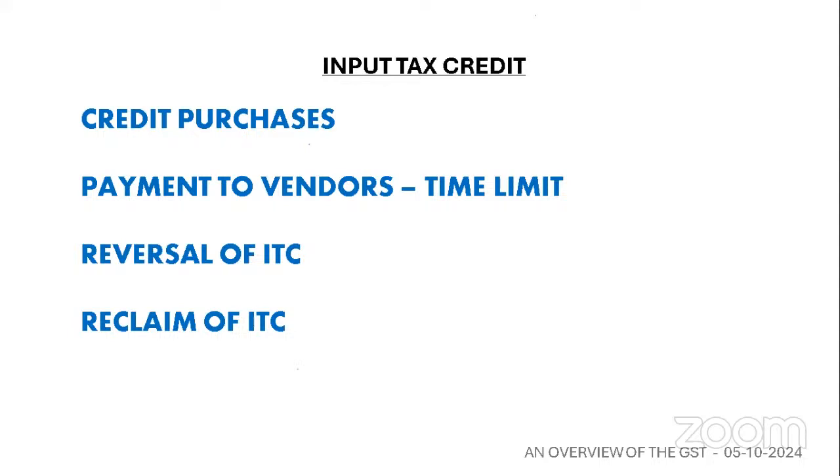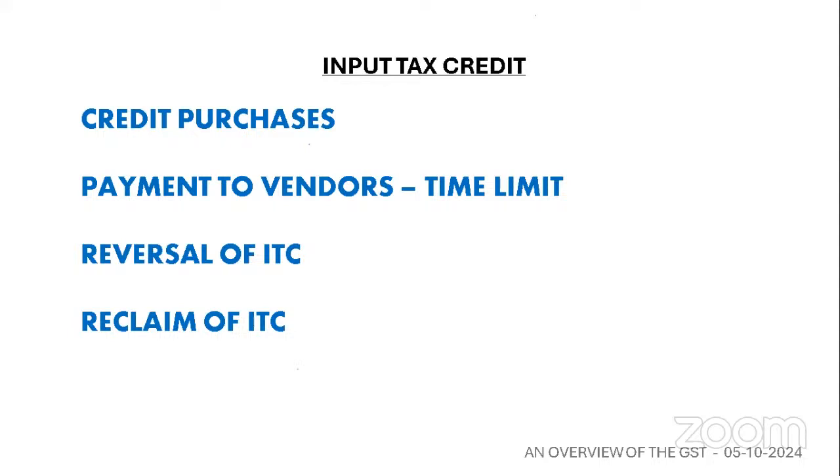If you do not pay the vendors within 180 days as specified by the GST law, on the 181st day, the ITC which you availed on the date of purchase of the goods, you have to give it back to the government. You have to pay it back along with interest from the date of purchase to the date when you make payment to the government.